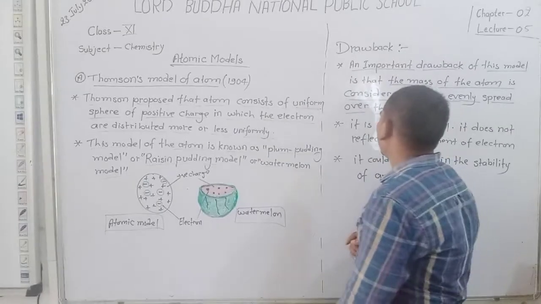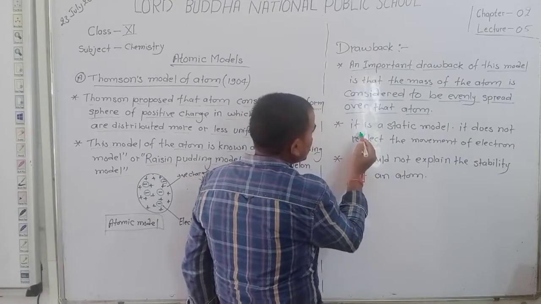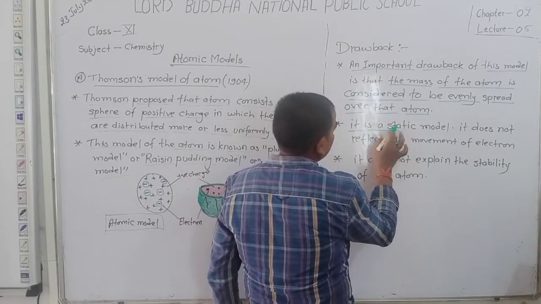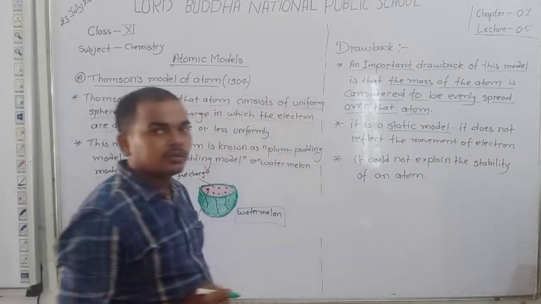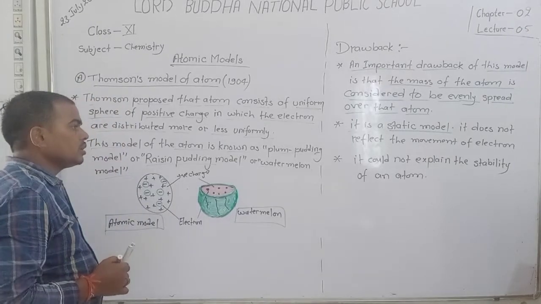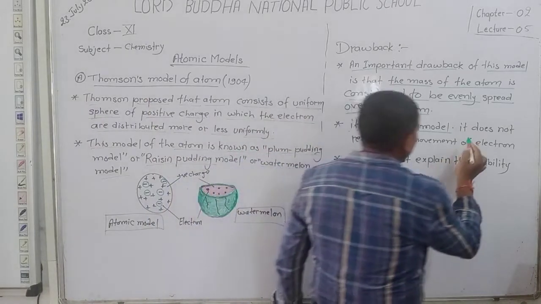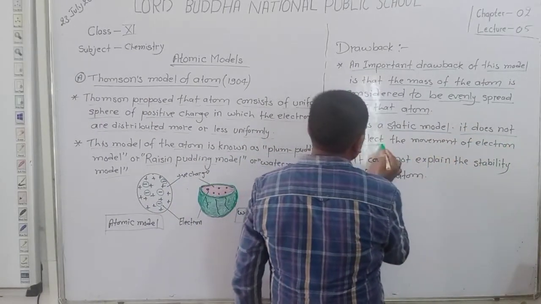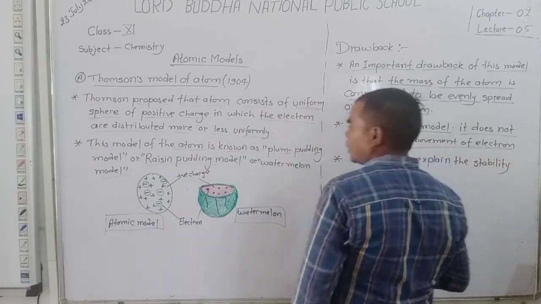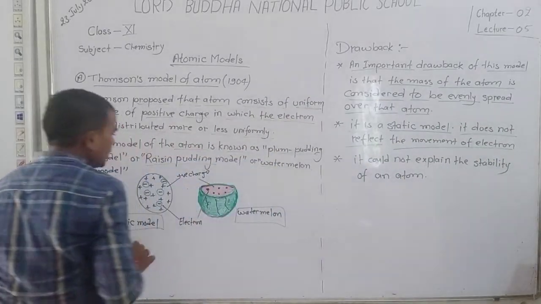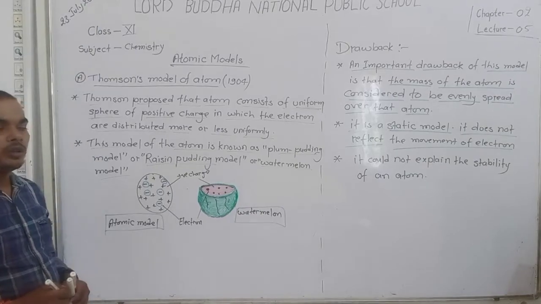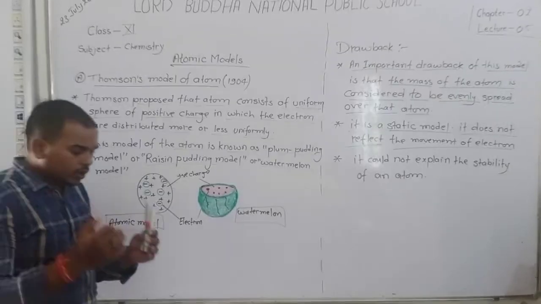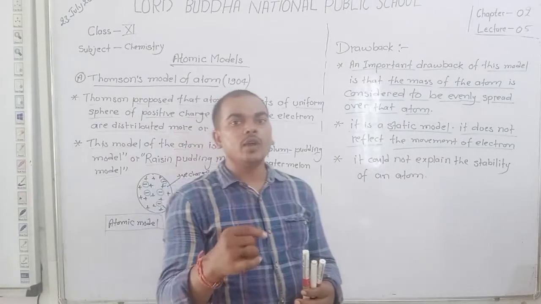Okay, student. It is a static model because it does not reflect the movement of electrons. Dear student, in this model Thomson does not say whether electrons move around the nucleus or revolve around the nucleus.